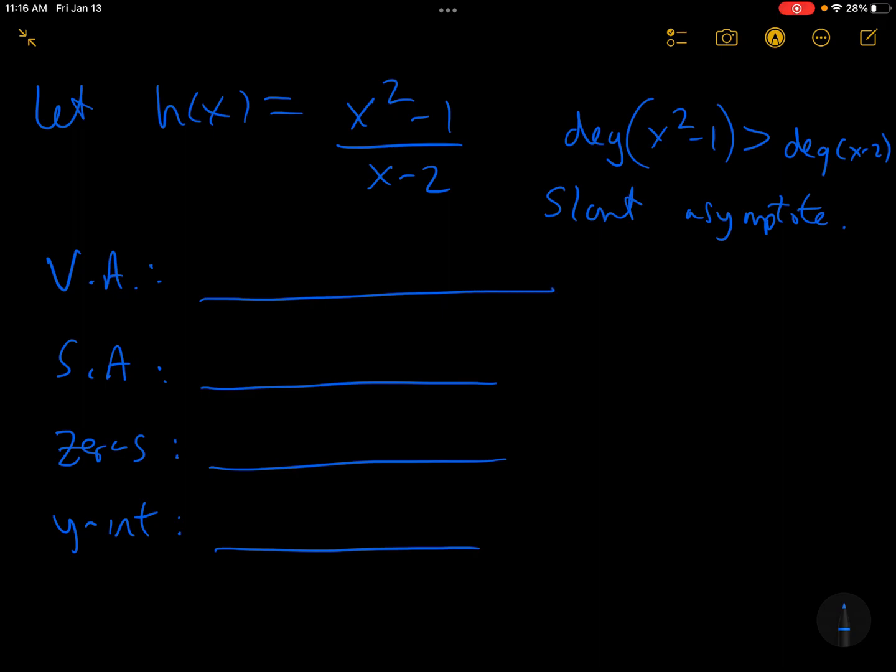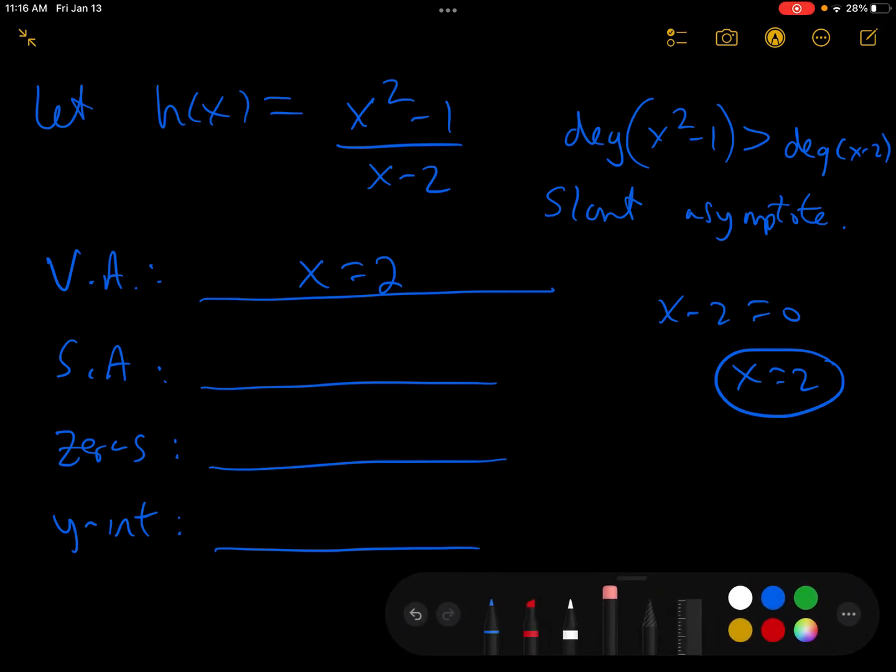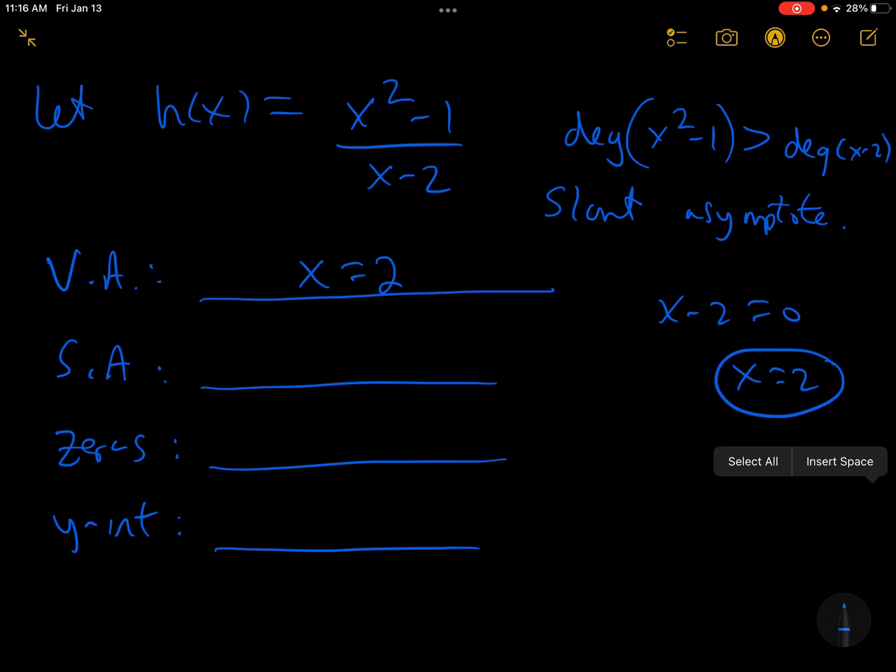And once again, the vertical asymptote happens when the denominator equals 0, or when x equals 2. I'm going to skip the slant asymptote for a second. We'll come back to it. So the zeros happen when the numerator equals 0, or when x squared minus 1 equals 0, or x equals plus or minus 1.